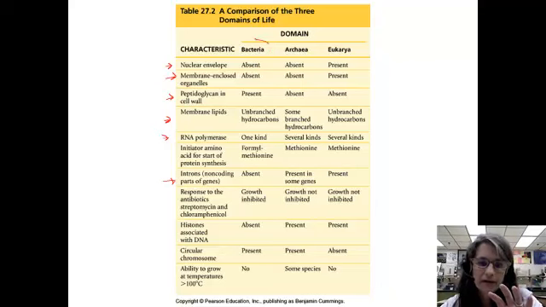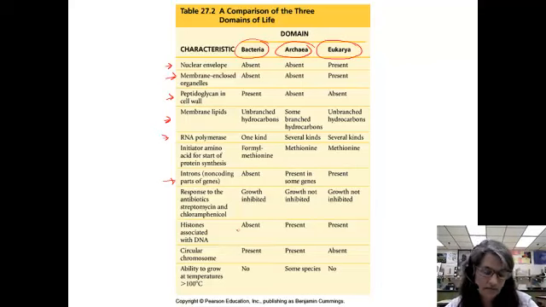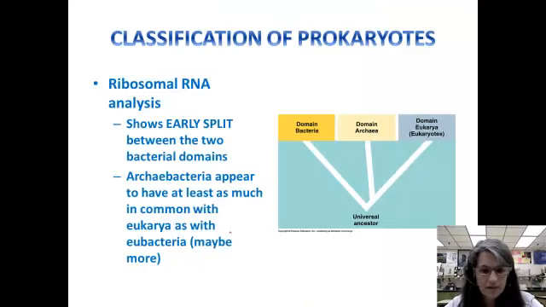By comparing bacteria, archaea, and eukarya in terms of these fairly technical categories, it's been determined that in fact the archaea, the ancient bacterial group, is actually more closely related to eukaryotes than they are to other bacteria, and it is thought that we actually share a common ancestor with these guys more recently than we do with these guys.